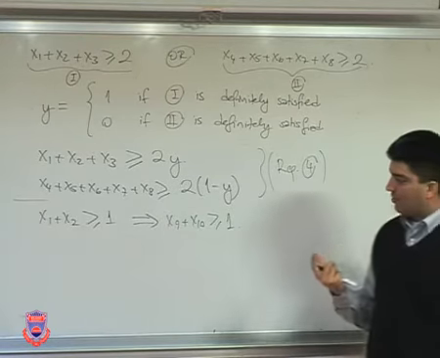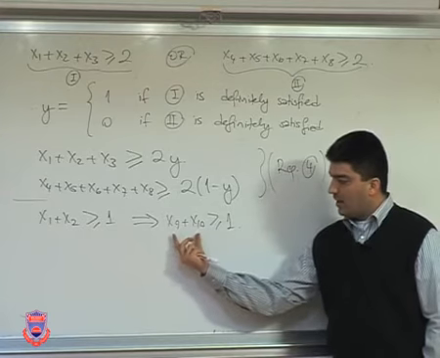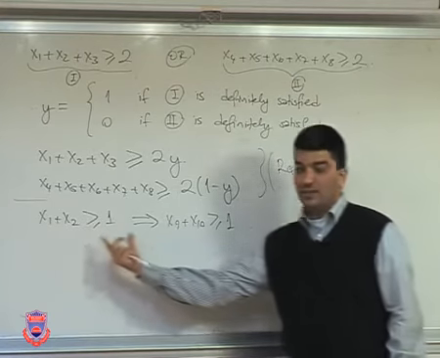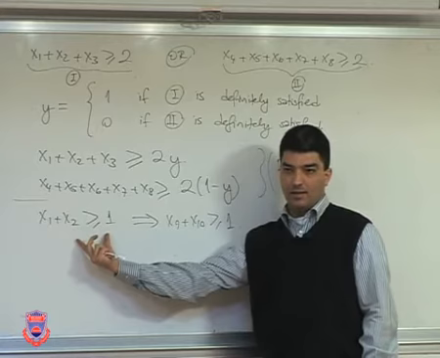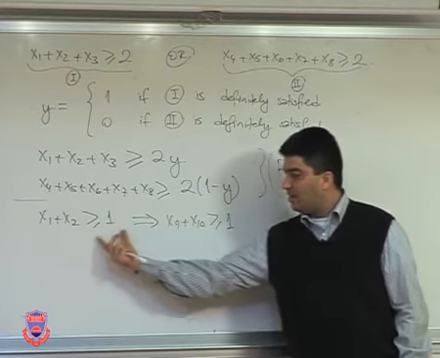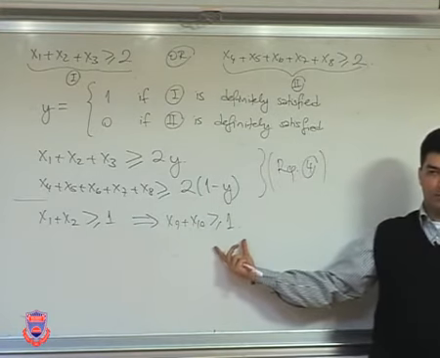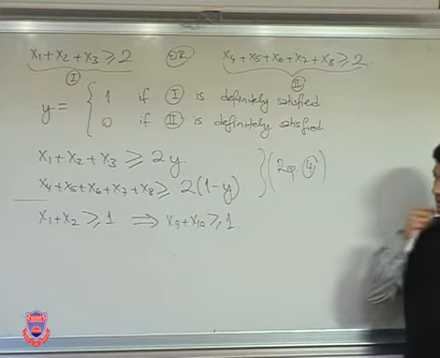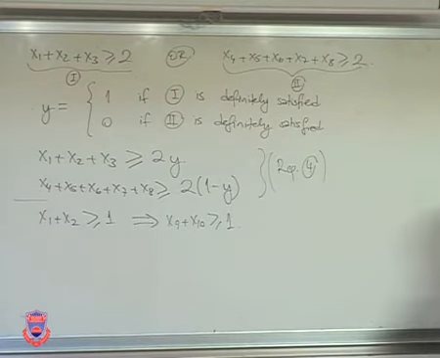Now, there's one thing you should pay attention to, which is I want to enforce this constraint only if this condition is satisfied. Okay? And if this condition is not satisfied, then I don't need to enforce this constraint, basically. So, how can I write this as a constraint? How can I model this?